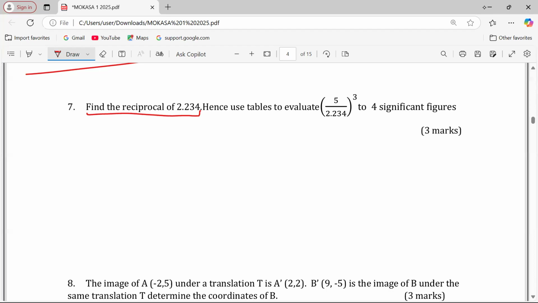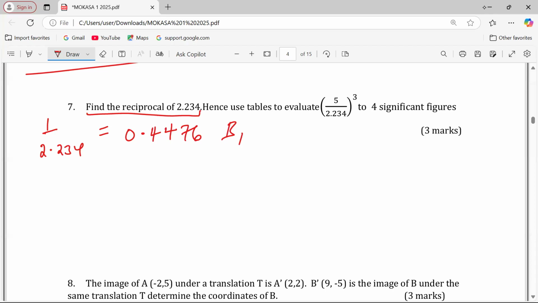Finding the reciprocal means just taking 1 out of 2.234. This is going to give us 0.4476. This one is called a B mark, which is very independent because you can either read from a math table, or you can also get the same from the calculator directly.